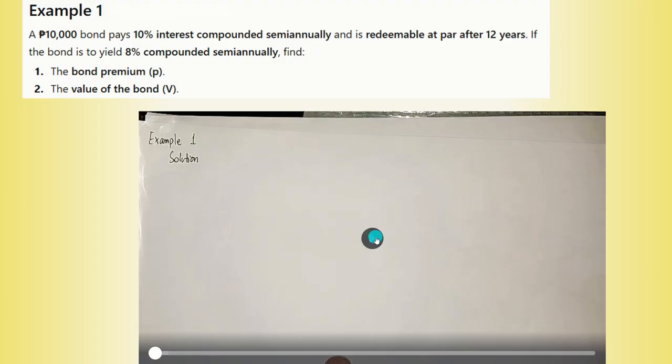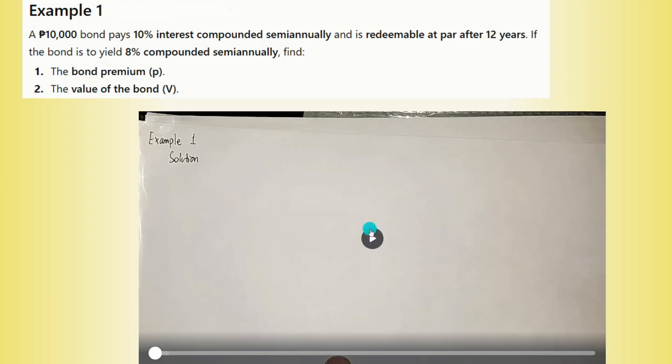Now, let's have an example problem. Example 1: a 10,000 bond pays 10% interest compounded semi-annually and is redeemable at par after 12 years. If the bond is to yield 8% compounded semi-annually, find the bond premium and the value of the bond.